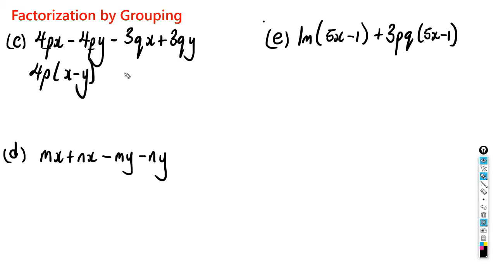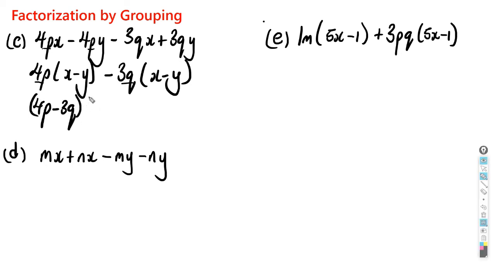And we can also factor out a negative 3q out of the negative 3qx plus 3qy, and we should actually get x minus y as well. And of course, what we usually do is we write these two values, which is 4p minus 3q, in a bracket, multiplied by x minus y in a bracket, and that's the answer. All right, guys, so we've factorized this by grouping.